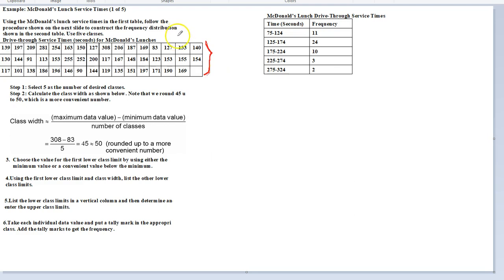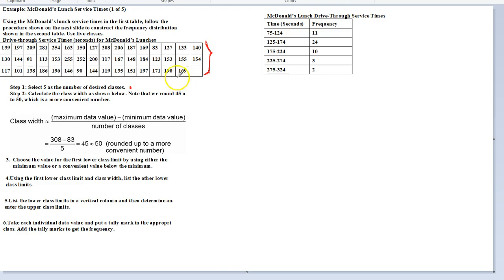Okay, so we want to look at this data and we want to make a frequency table. There are a few steps we need to do that, so I'm just going to go over them, to make sure that you understand how to create the frequency table. So step one, we want to decide how many classes you want, in other words, how many rows you want to create.